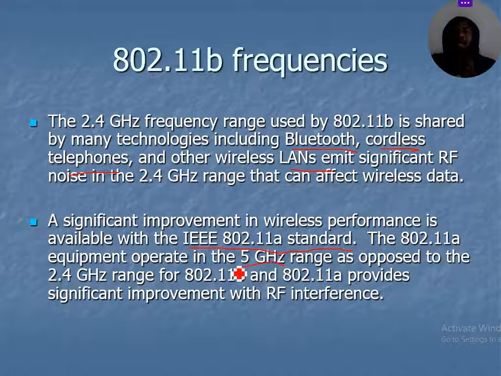The 802.11a equipment operates in the 5 gigahertz range as opposed to 2.4 for 802.11b and 802.11g. And it also provides significant improvement with RF interference.